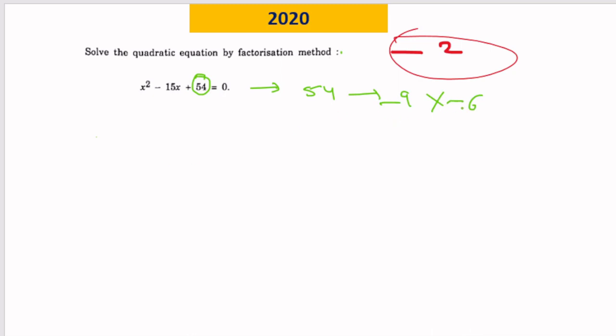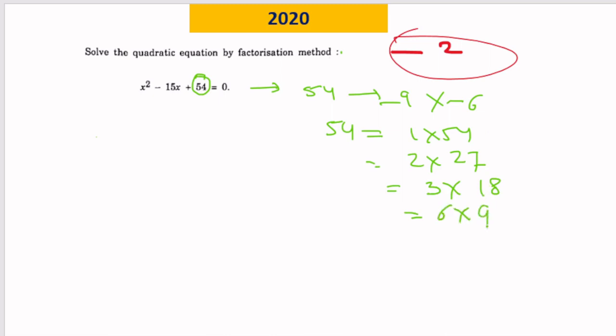How we arrive at this, whether it's -9 and -6, comes via practice. You can find the different factors like this: 1 into 54, 2 into 27, all give 54, but the sum we want is -15. So 3 into 18, 4 is not coming. Now next I get 6 into 9, and that's what I got here also.